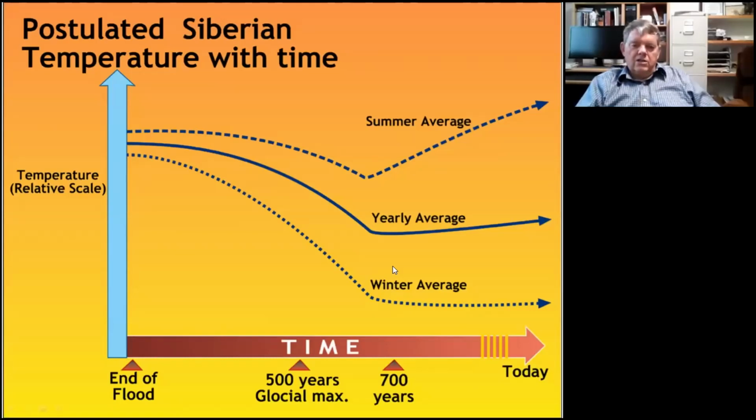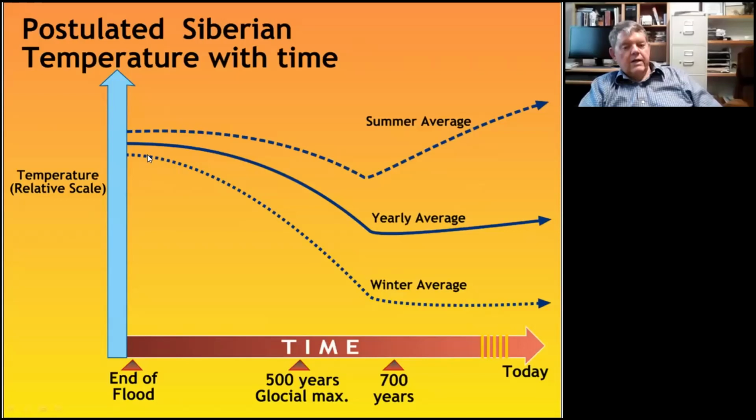And here's the postulated Siberian temperatures with time. Like I was saying, at the beginning, at the end of the flood, the winters would be quite warm and the summers cool. So there'd be little seasonal contrast. In fact, that's why we have warm climate and cold climate animals living together.